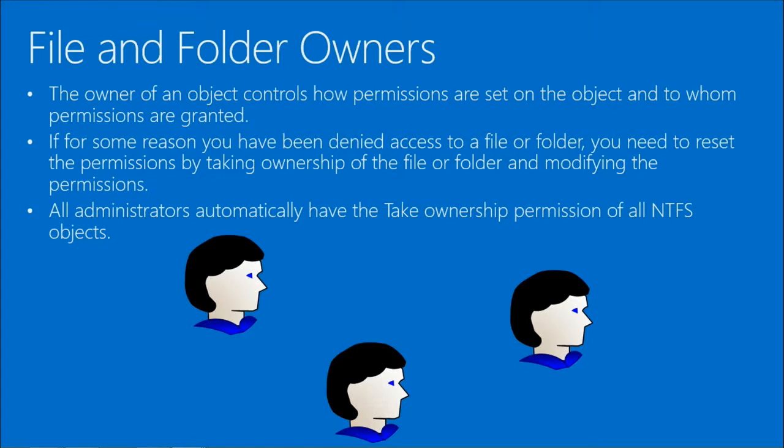That's more administrative functionality than normal user functionality. As a normal user, I can't just go to Christopher's user directory and take ownership. I must have administrative capability within the system. And in a perfectly configured network, you can't even get to my user folder. Correct, I can't even see it. And the last bullet: all administrators automatically have the take ownership permission.